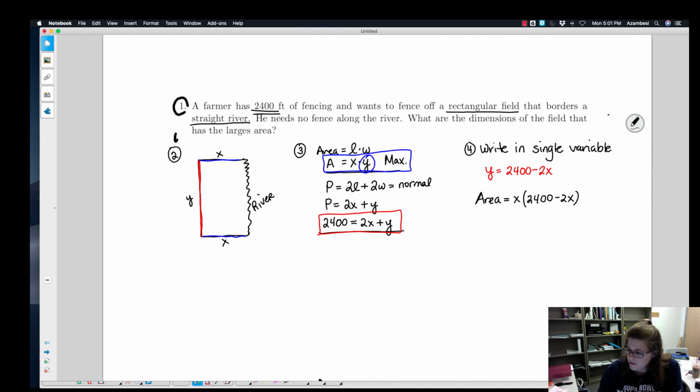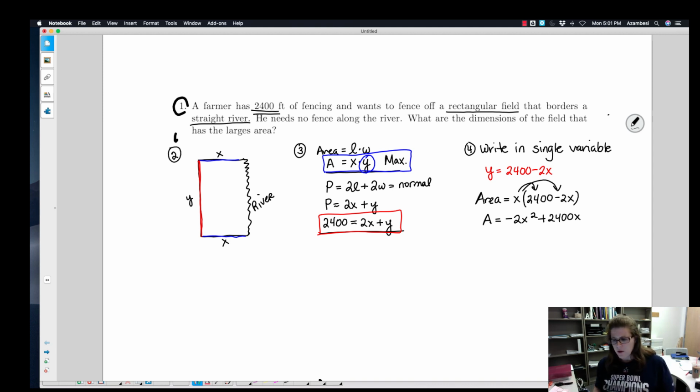And then we can simplify that out. Area is equal to negative 2x squared, I'm just distributing the x, plus 2,400x. I also put the terms in order just because we want it in descending order. So this is what it actually looks like.